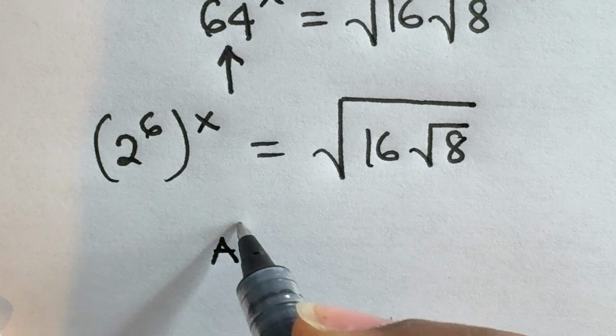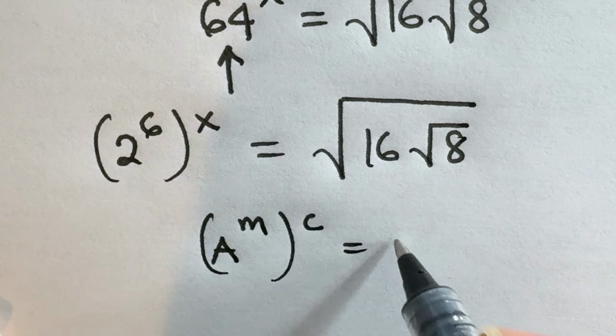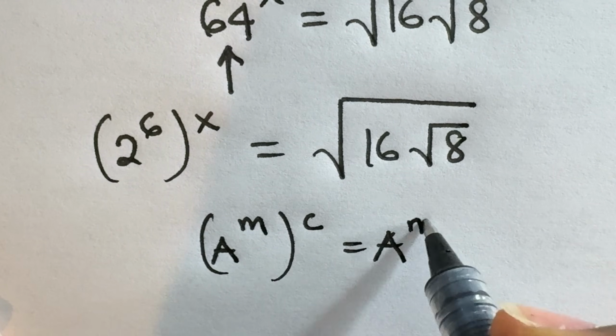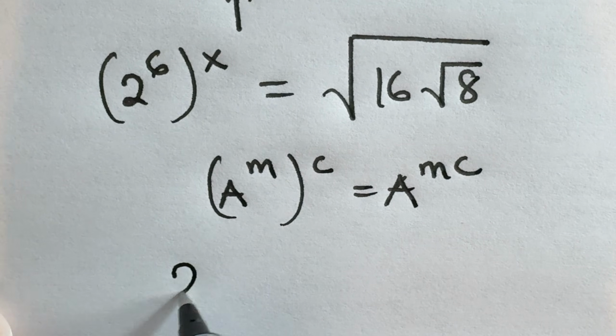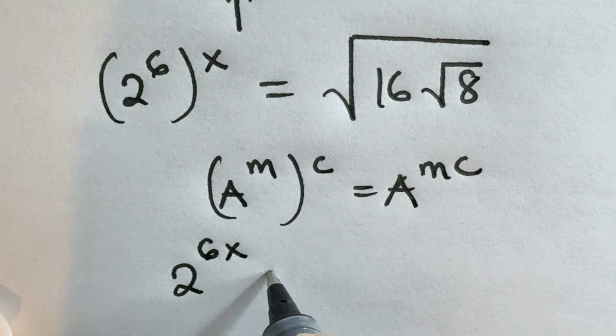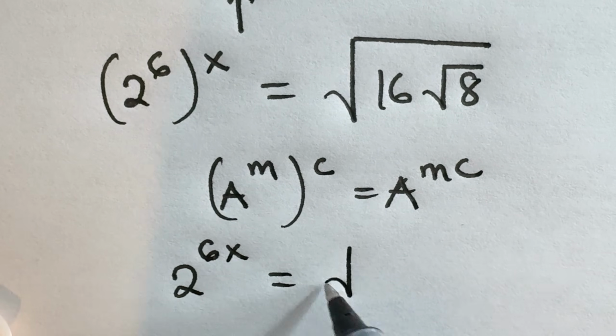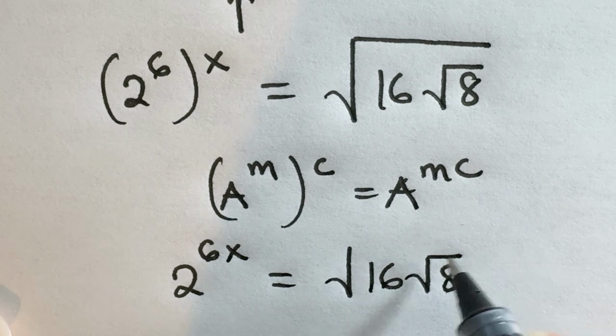Using this law, a raised to power m raised to power c will give us a raised to power m times c. Therefore, this becomes 2 raised to power 6 times x. That will give us 6x is equal to square root of 16 times square root of 8.